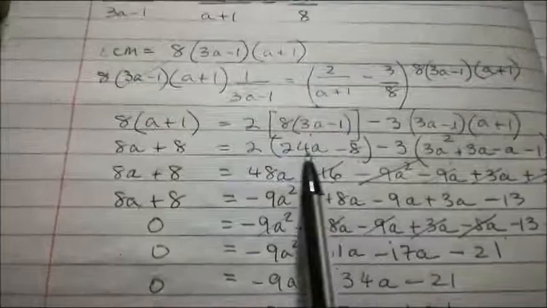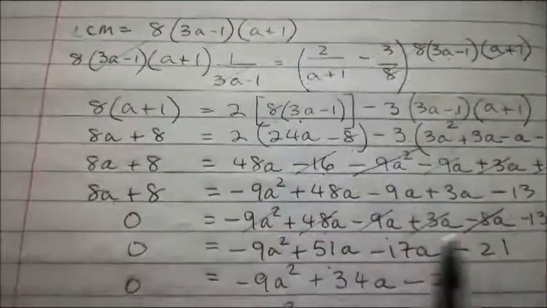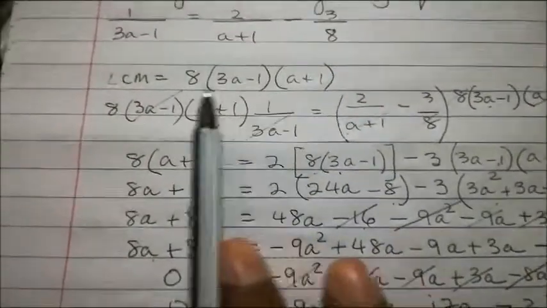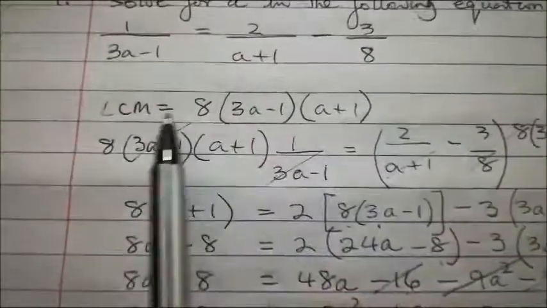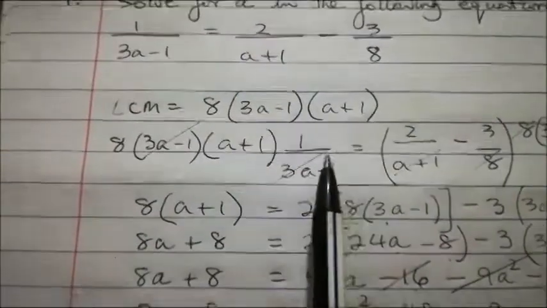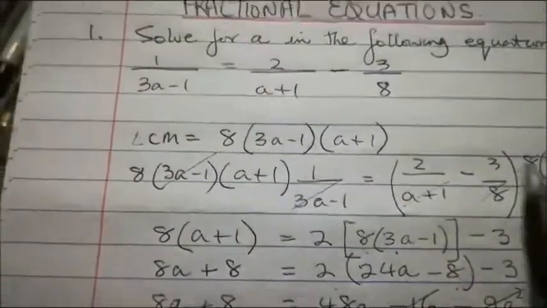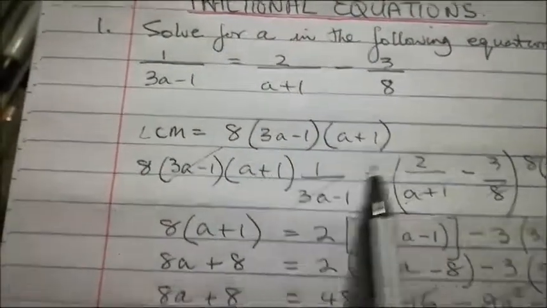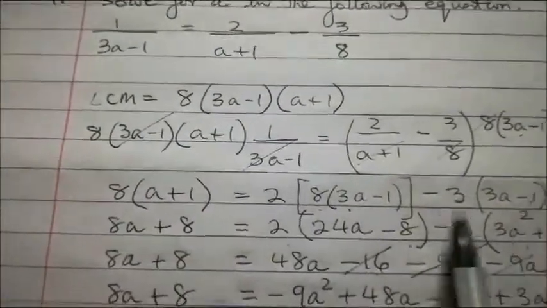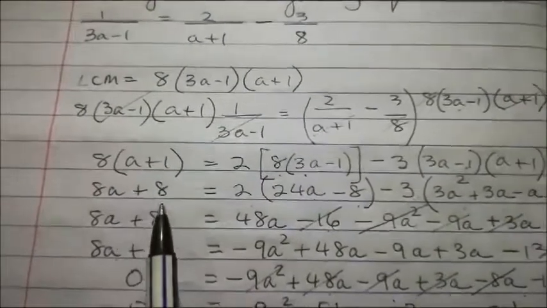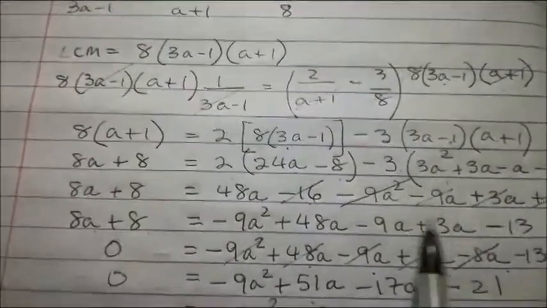So the hardest part of this problem was to actually work out all of this. And of course, you had to find the LCM, which is this, right? You had to find the LCM. And we find the LCM and multiply both sides by the LCM, and we actually did some cancellations and eventually went through this process.